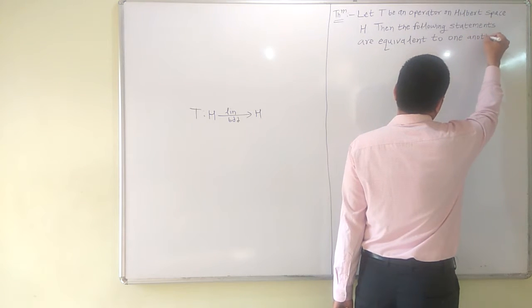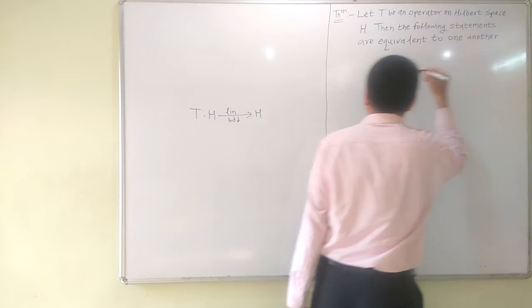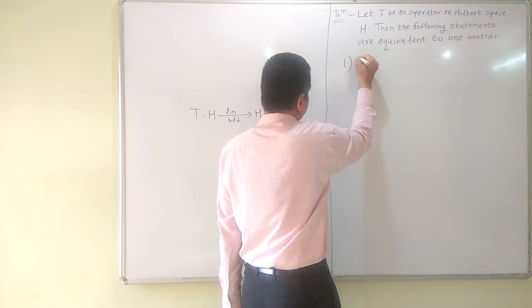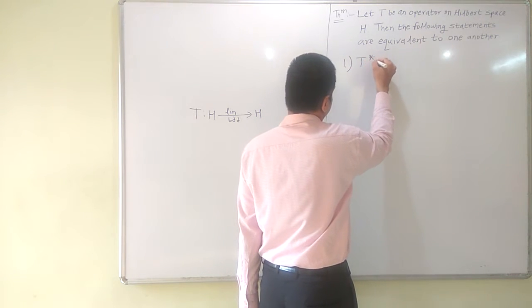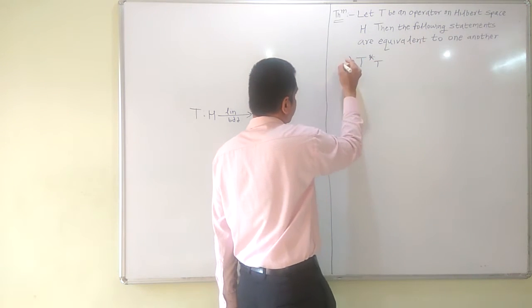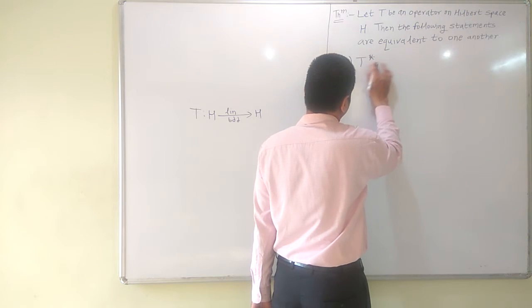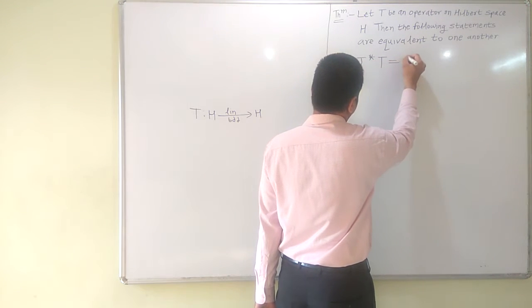First statement, let me call this statement A: T star T is equal to identity.